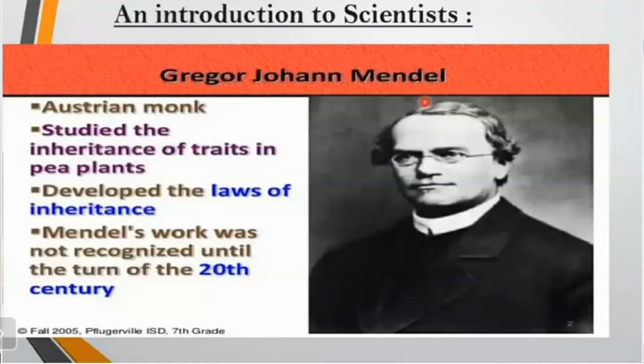Then we have seen about the structure of DNA. Who proposed the model for DNA structure? Watson and Crick. They proposed that the DNA molecule is a double helix, just like a string, and it is made up of nucleotides. Each nucleotide is made up of phosphoric acid, deoxyribose sugar, and a nitrogenous base.